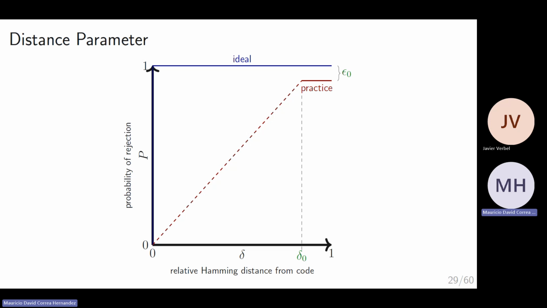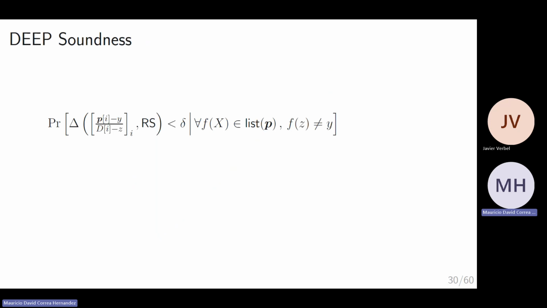All right, do I have time to finish this section and then we postpone the rest of this compilation pipeline to the next session? All right, so that gives rise to a rather nasty soundness analysis because we have to restrict attention to vectors that are far from the code.